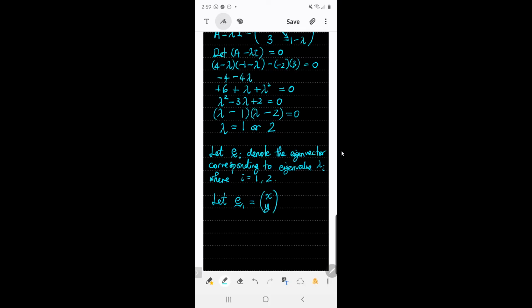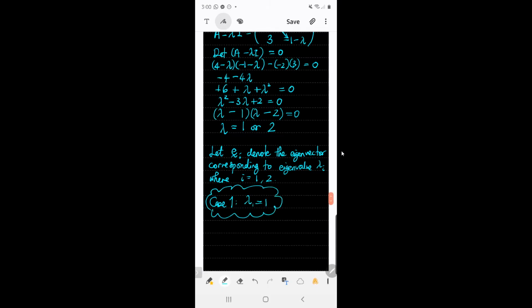So this is the eigenvector x, y corresponding to eigenvalue lambda 1, because my i is equal to 1 now. This is E_i. All right. So I think I better put down case 1, case 2, easier for you. Okay. Case 1. Now we talk about lambda 1 equals to 1. So we are going to talk about the first one.